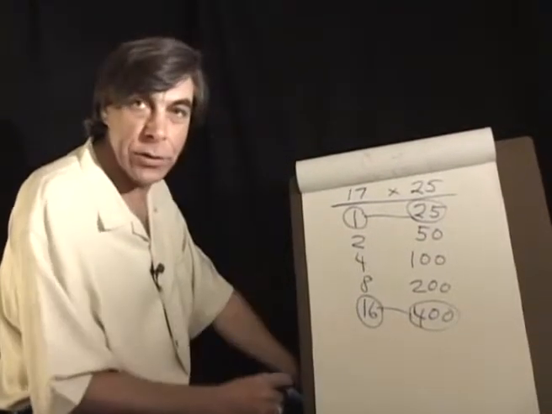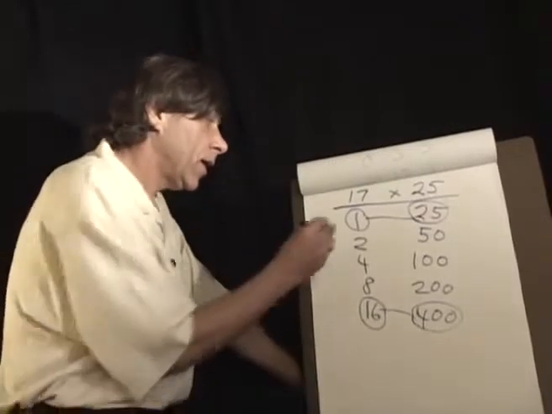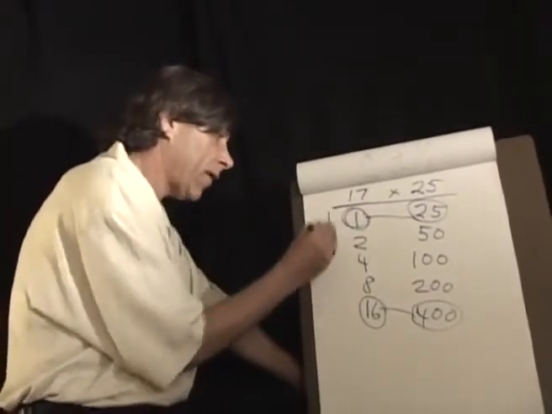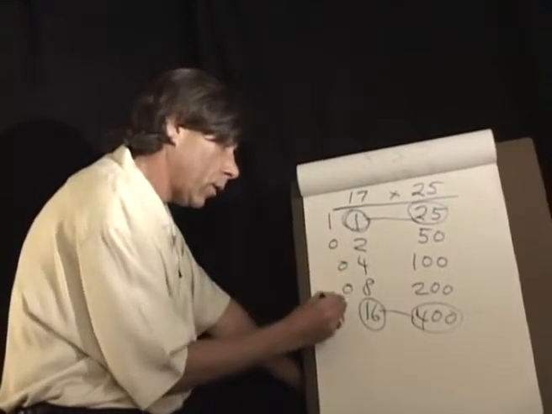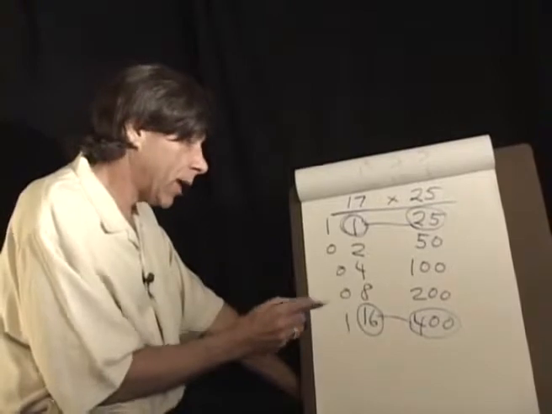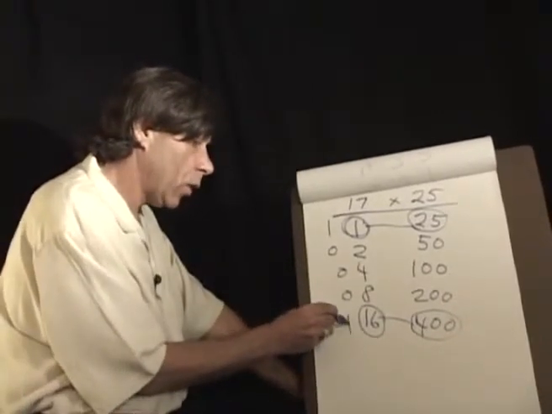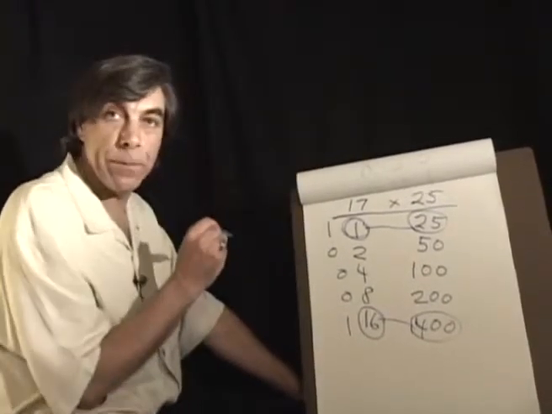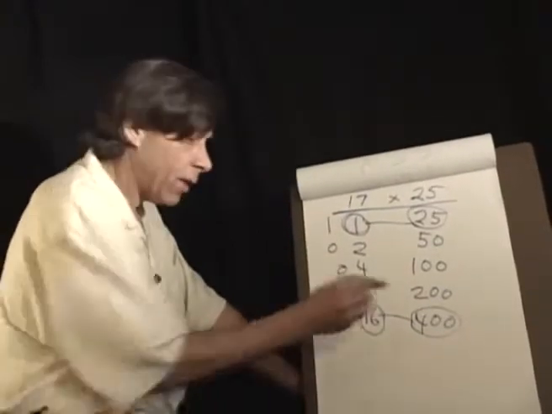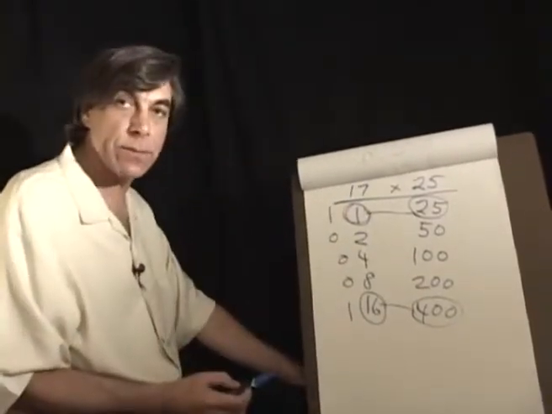And this is how computers do it as well, except instead of circling or not circling a number, they would have a 1 or a 0. So in other words, the number 17 in binary arithmetic by computers is 10001. Or electricity, no, no, no, and electricity. And that will give us the sum. And that's how this works.